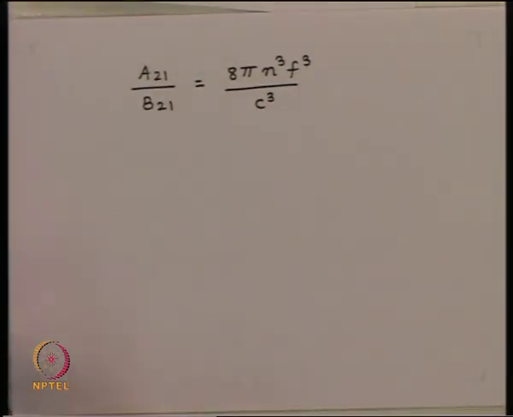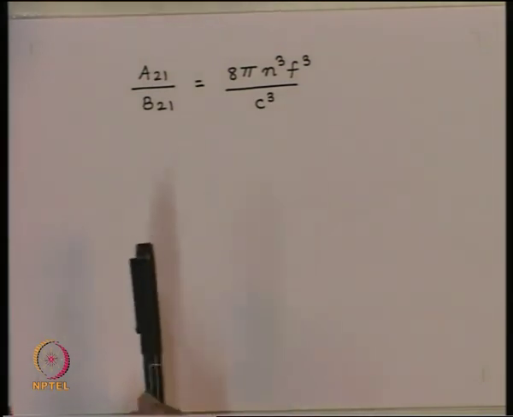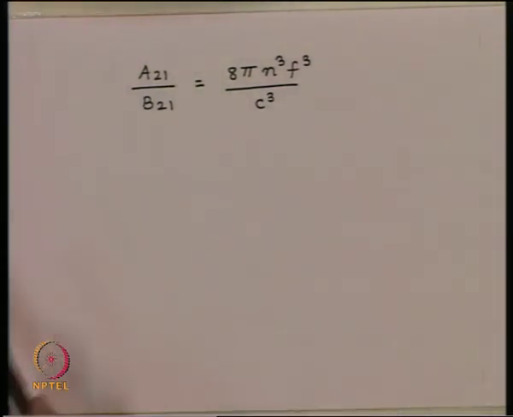So, essentially we get a relationship between A21, which is related to the spontaneous lifetime, and also this Einstein coefficient B21, which is the transition probability for downward transition from energy level 2 to energy level 1.